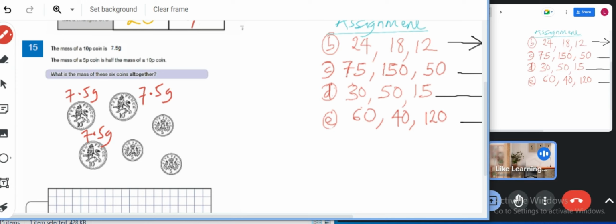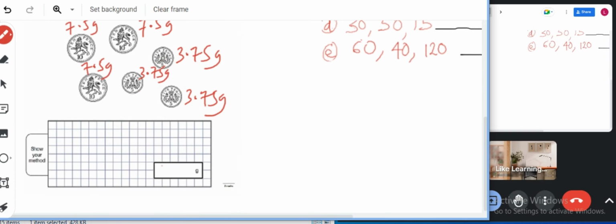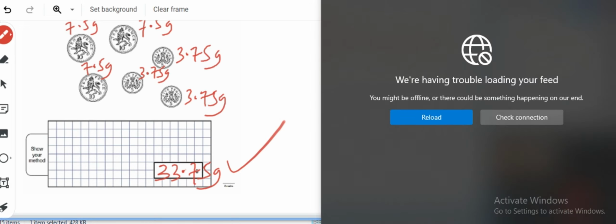It's half the mass of 7.5, so that would be 0.75 grams. Now that should be correct. Okay. Right.